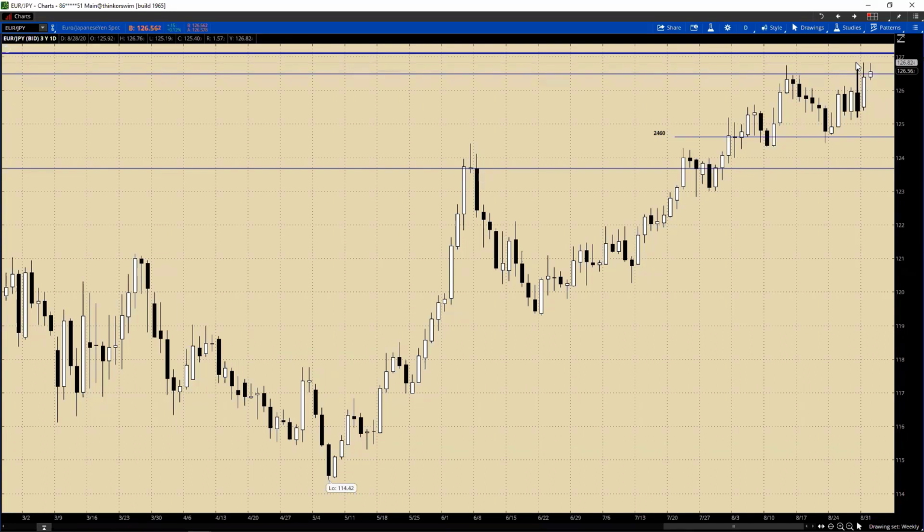Interesting. I mean, Euro's trying to give another push. I don't know if it'll have enough to get all the way up to 27.08. We'll just go with yesterday's high, which is 26.83.